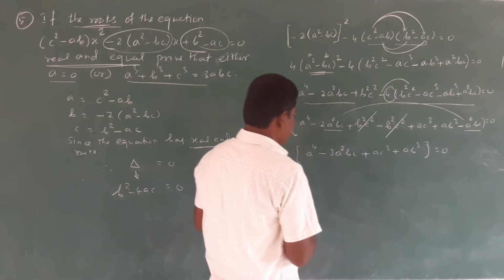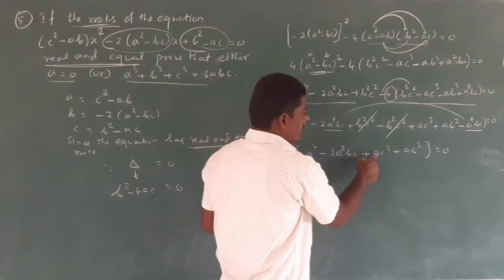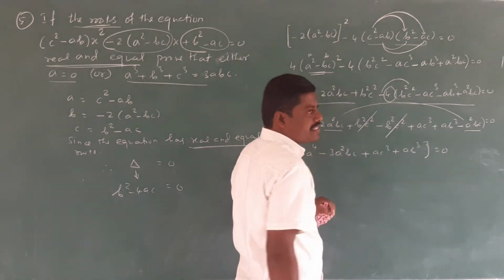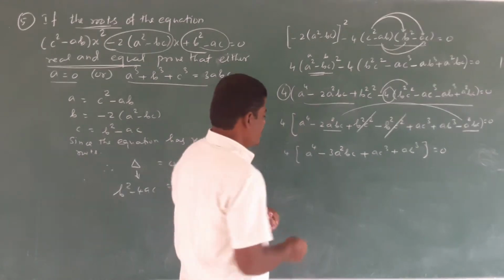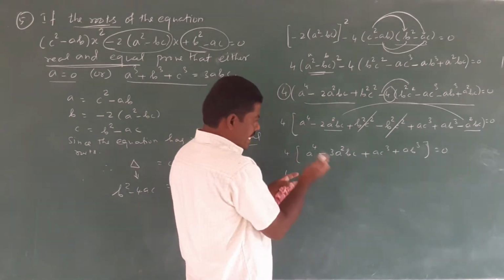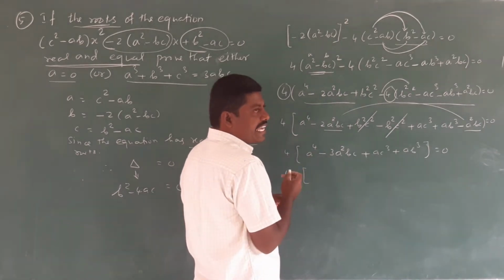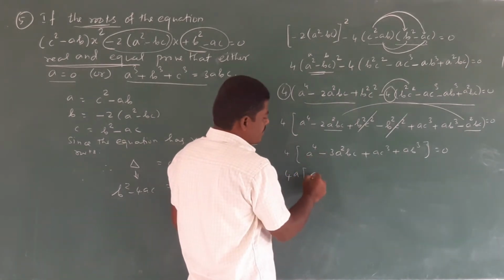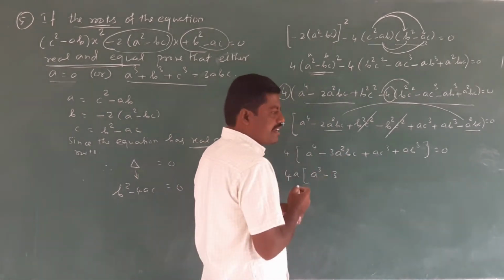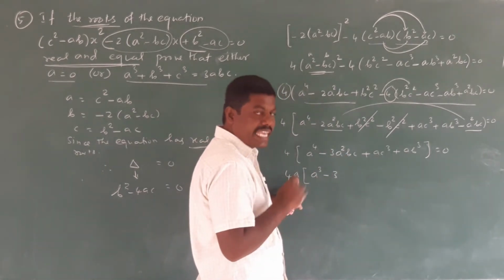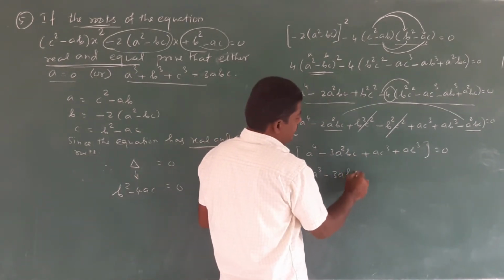Now in these four terms, term 1, term 2, term 3, term 4, A is there in all the terms, so A is common. We take A outside. A of A power 4: we take 1 A outside, so A power 4 becomes A cube. Minus, here A square is there, already we have taken 1 A outside, so what's remaining? ABC.